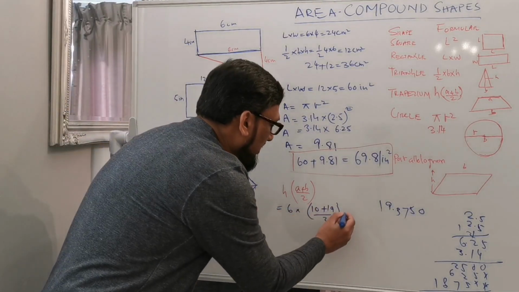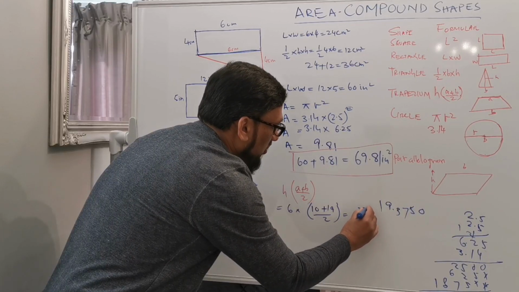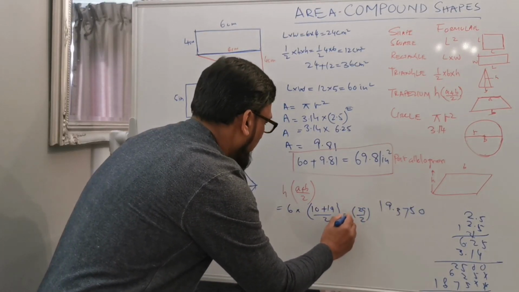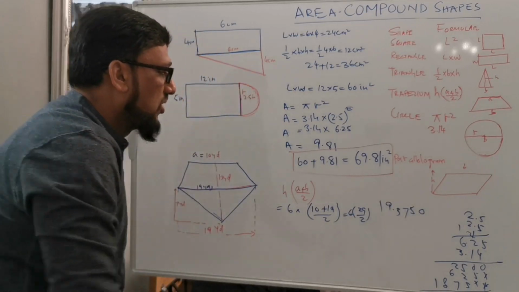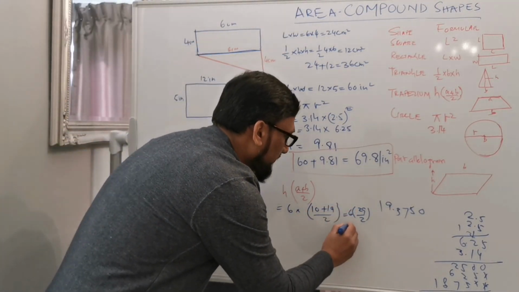So 10 plus 19 is 29 over 2, times 6. Half of the 29 is 14.5.